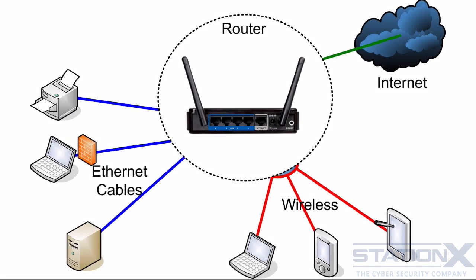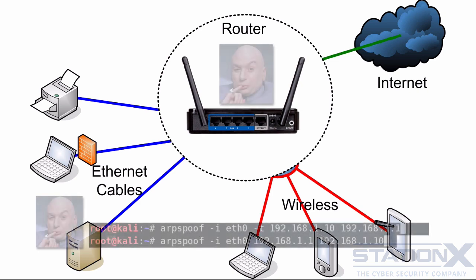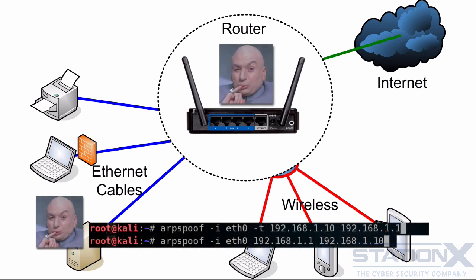On an Ethernet network connected via a switch, it is relatively easy to perform man-in-the-middle attacks. An attacker fools other devices on the network into believing that the attacker is the default gateway or the router by abusing the Address Resolution Protocol, or ARP.